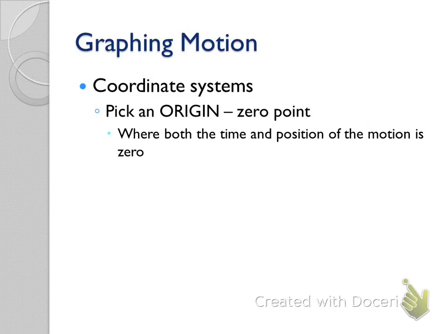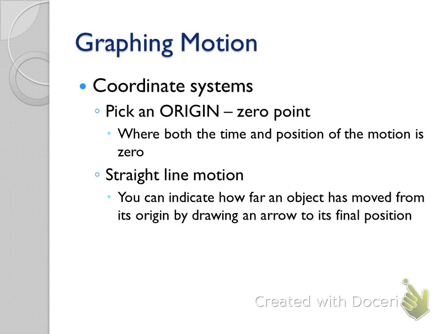Okay? So we're going to put the 0 point of our motion where our motion is beginning from. Not 2 seconds in, not at the end of our motion, but where it's beginning from. So at this point, both our time and our initial position are 0.